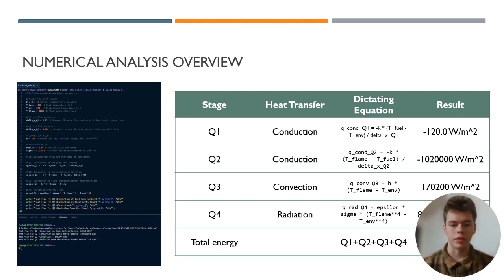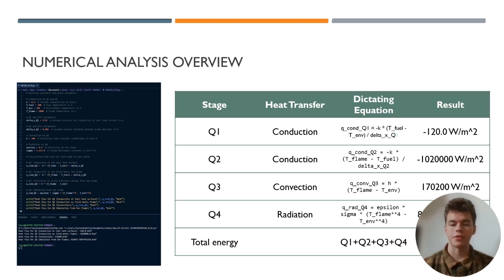For our third one, we did convection between the flame and the environment, the same environment that had the tank heated up for stage one. That came out to be 170,000 watts per meter squared. For our first stage, which was radiation, if you ever do these calculations yourselves, there is a heat transfer coefficient: k for conduction, h for convection, and sigma for radiation.